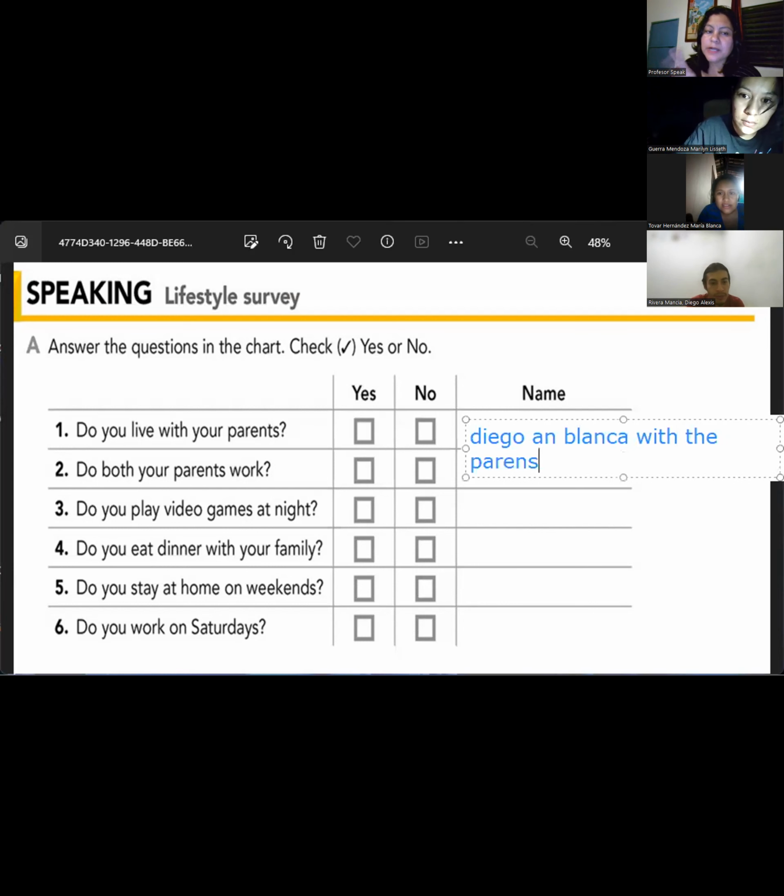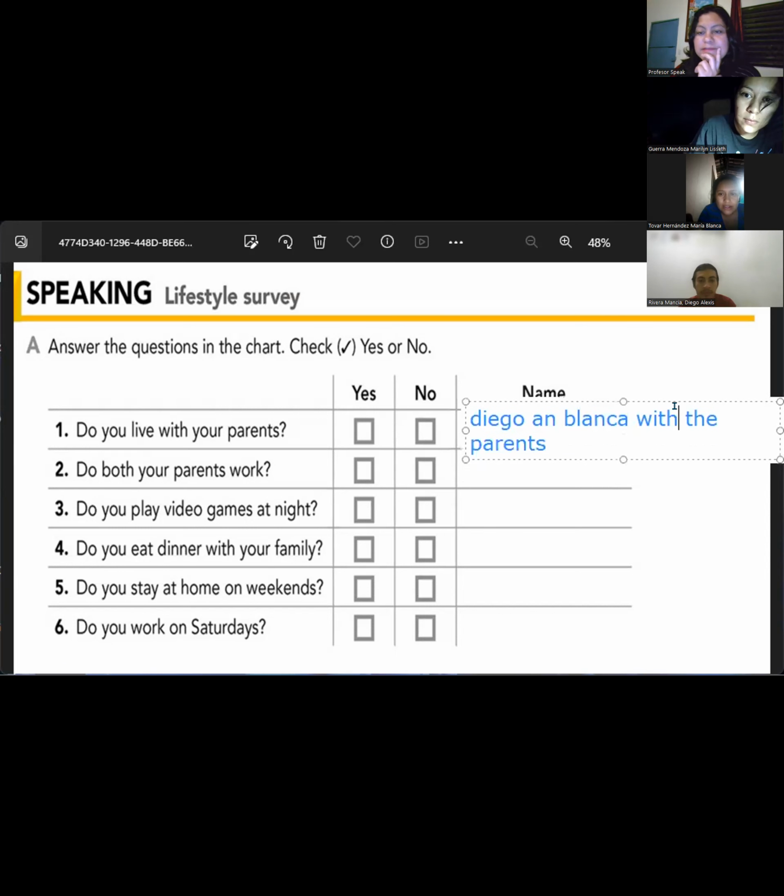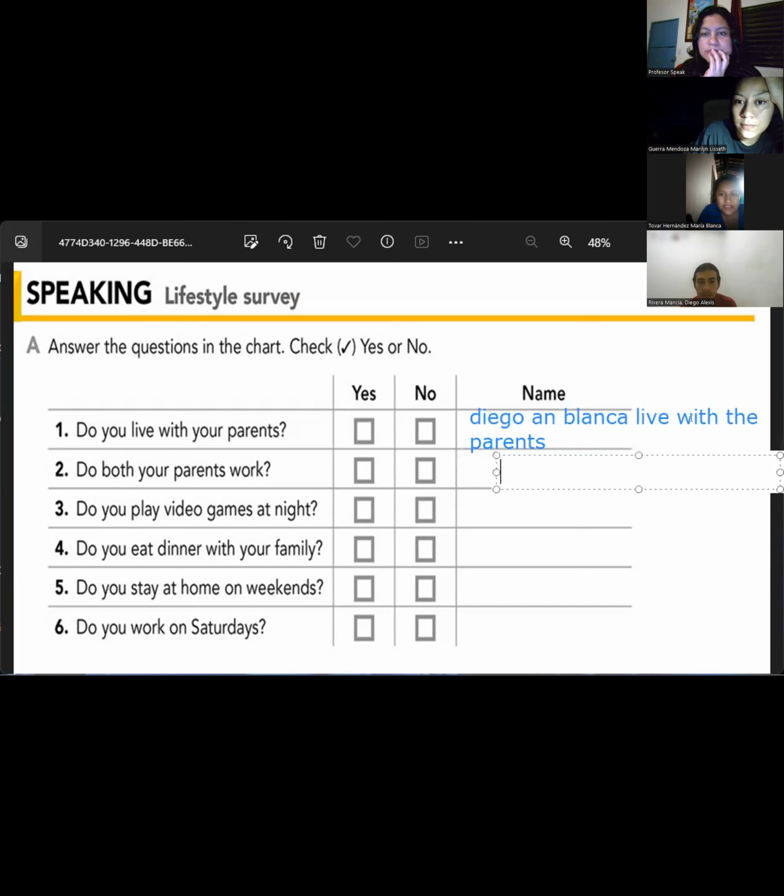Both, ambos padres. Diego and Blanca live with their parents. Y dice an, le falta la D. Pero así que se quede porque si no va a borrar todo. Sorry.